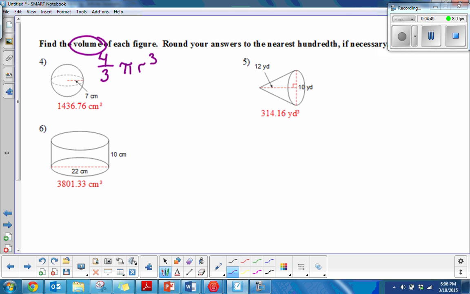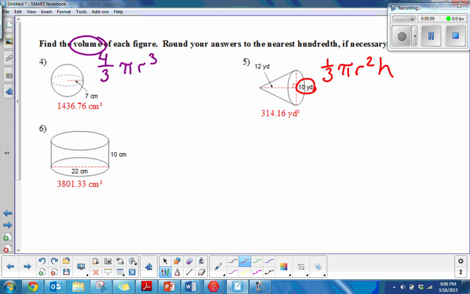The volume equation for a cone is 1/3 pi r squared times the height. Be careful with the r because they give you the diameter.